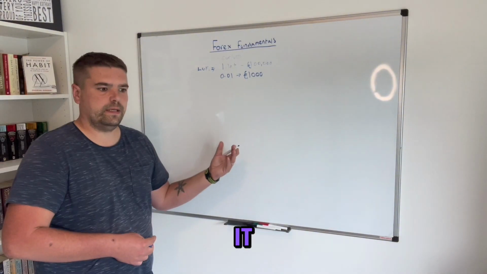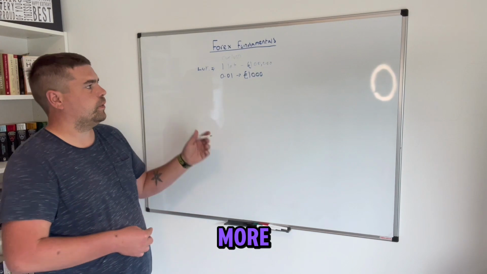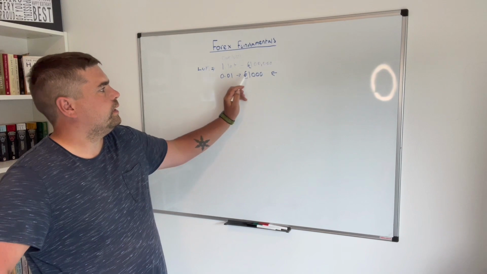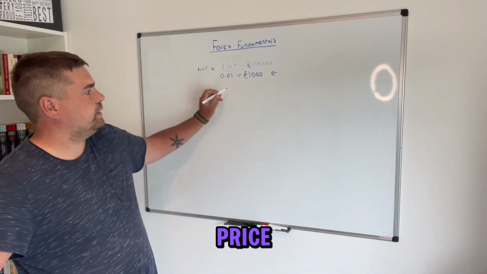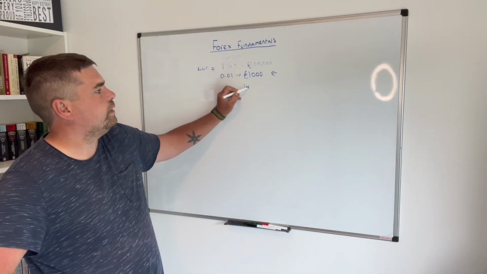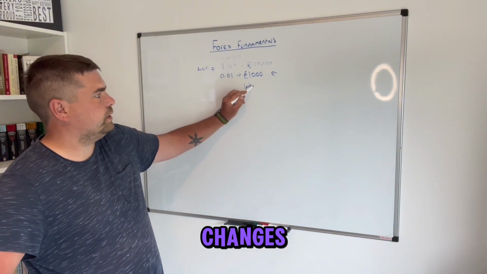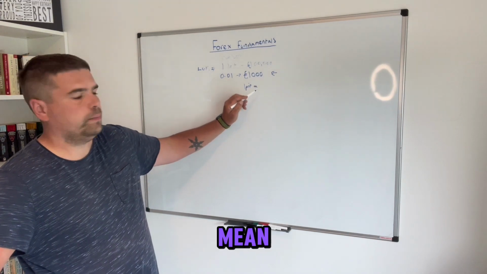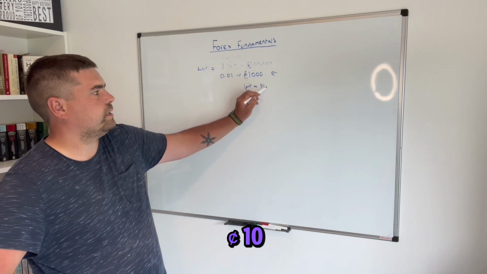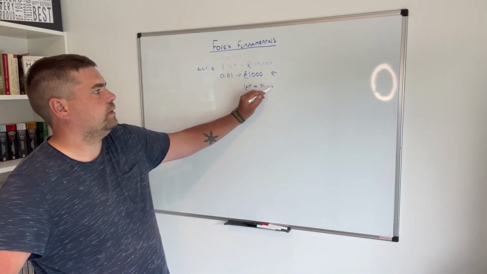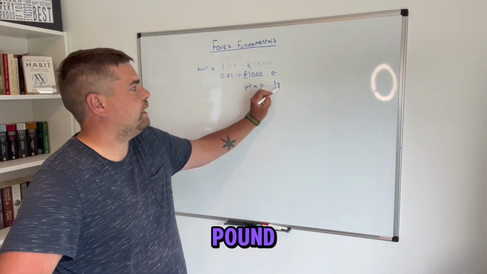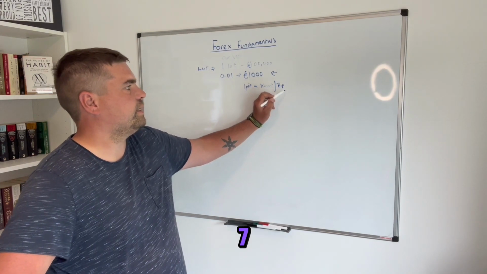To break that down to help you understand more: if you're buying 1,000 euros worth, it roughly means that for every pip that price changes, it is going to mean a change of around 10 cents. Yes, I did state that in dollars. In pounds, it's going to be around 7p, roughly.